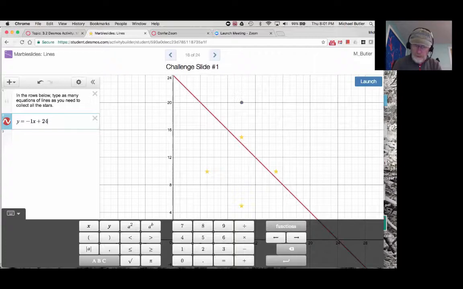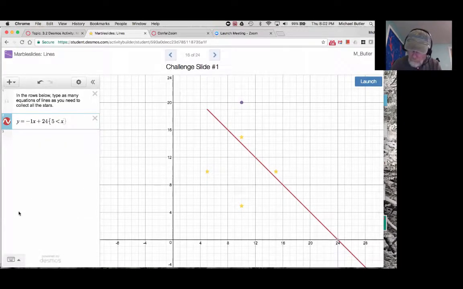And so I don't want that line to go that full length. So I got to tell it a segment that I want it to use. So let's go from 5 is greater than x. Let's say that's not 5 down. Let me check here real quick. Where is that at? That's a 10.